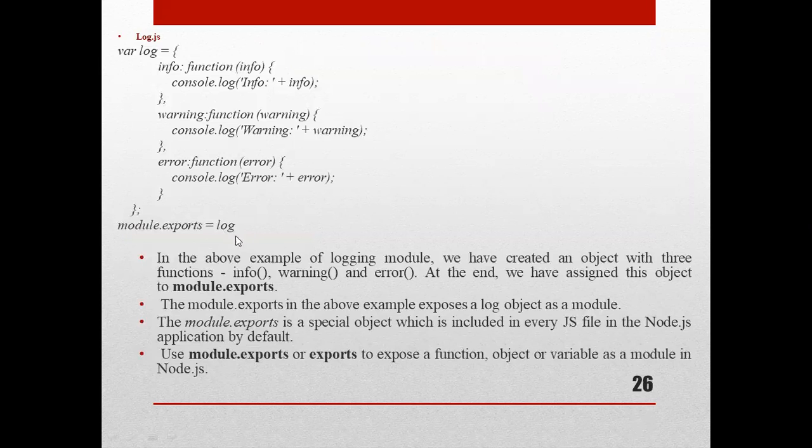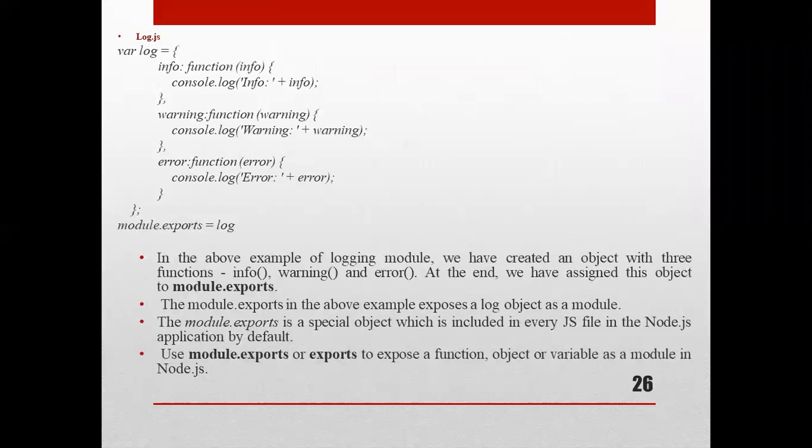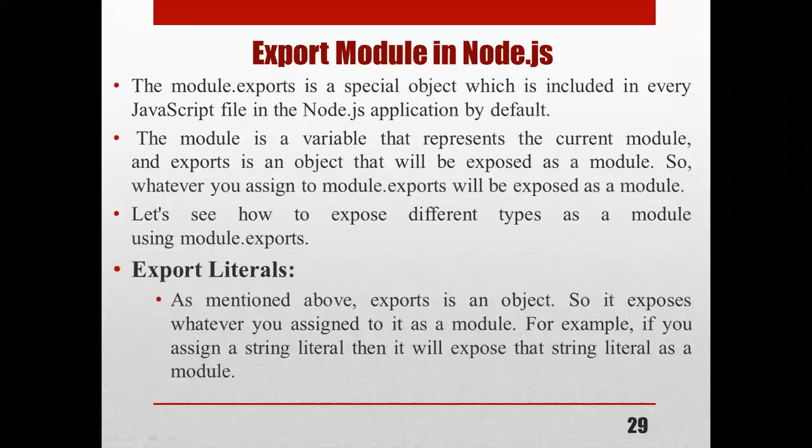This log will act as an object for module.exports, and log will be exposed as a module. So let's see how to expose different types as a module using module.exports.